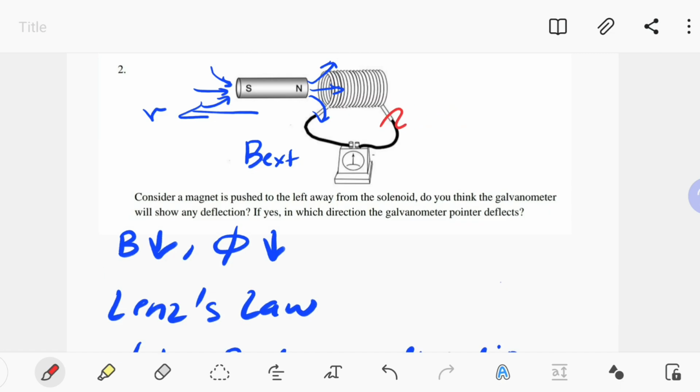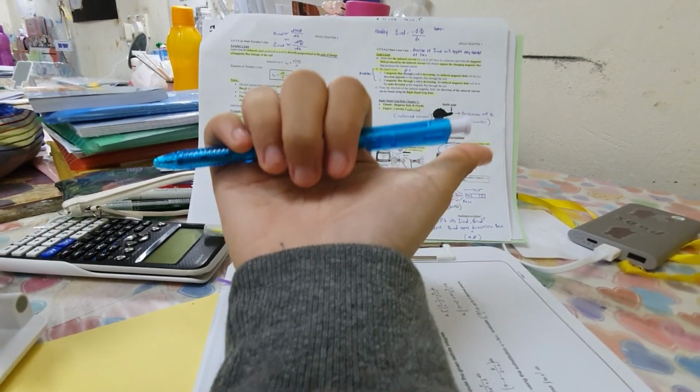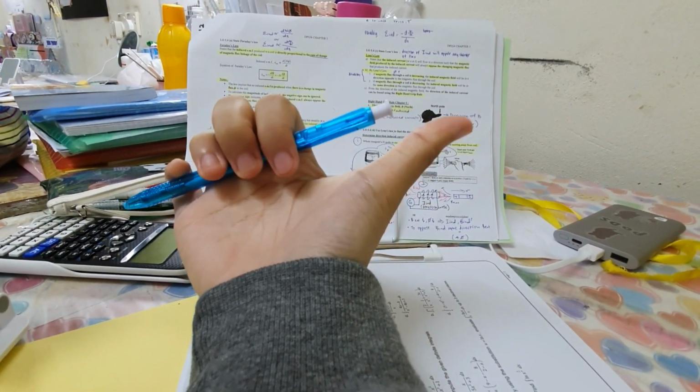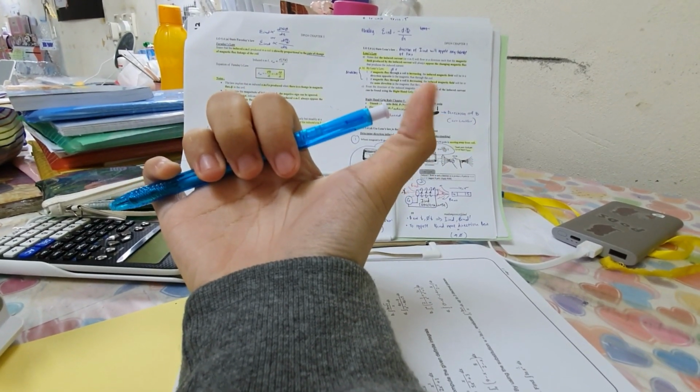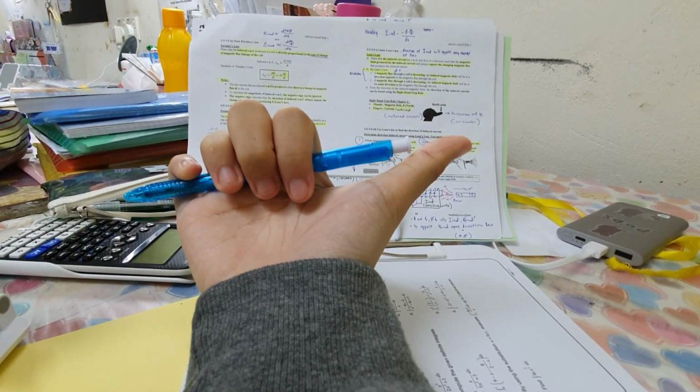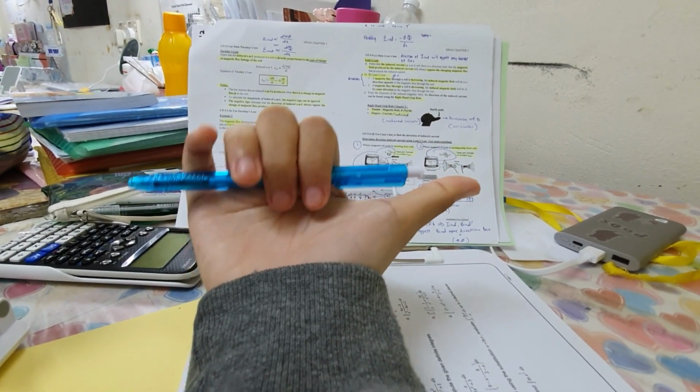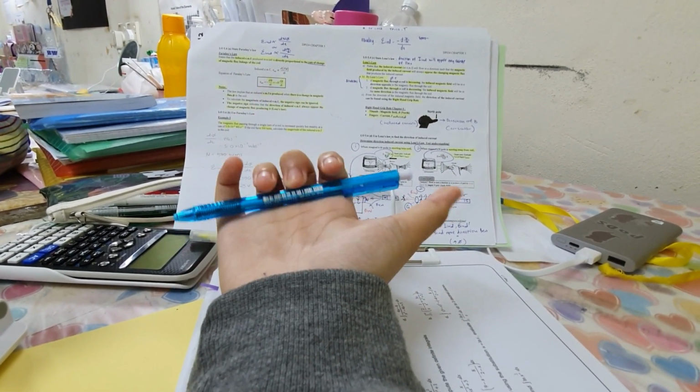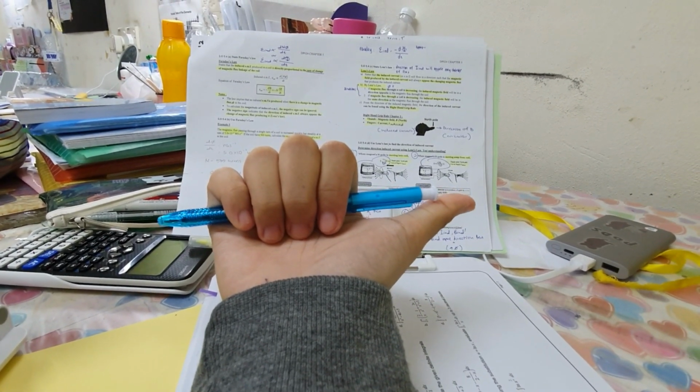Since the induced magnetic field has the same direction as the external magnetic field, we'll take red color to represent the direction of the induced magnetic field. So it will also be here. We're going to use the right-hand grip rule again. The thumb will represent the direction of the induced magnetic field, and our fingers will represent the direction of the induced current.